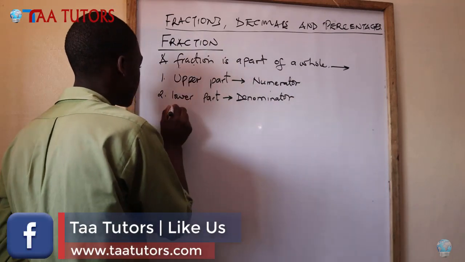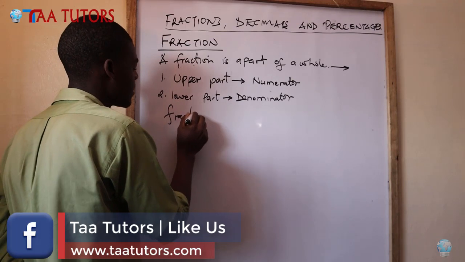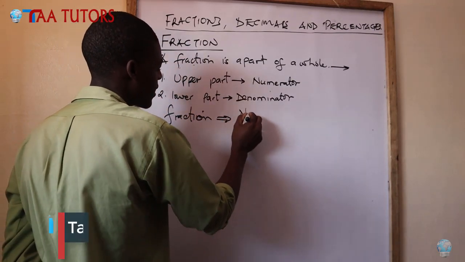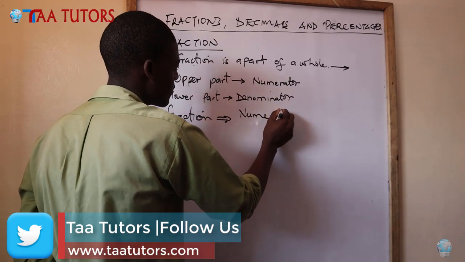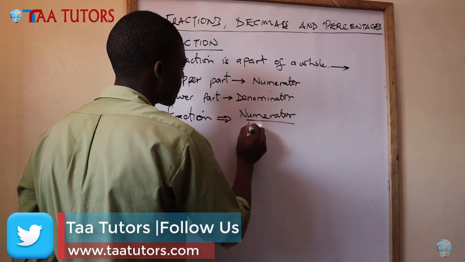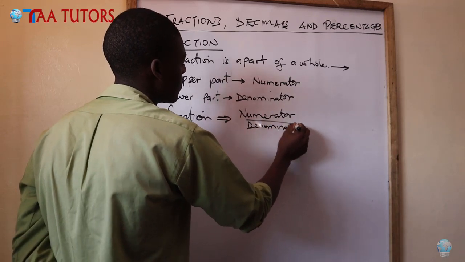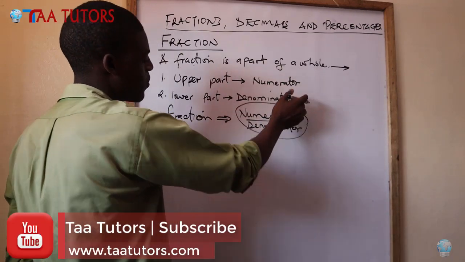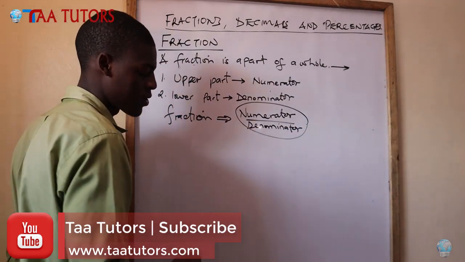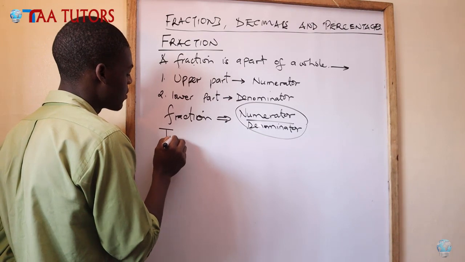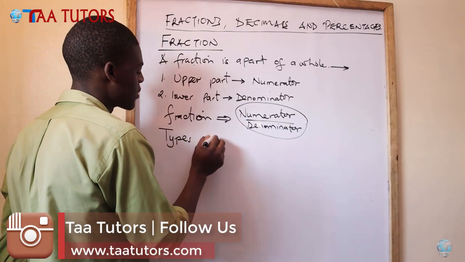So when I speak of a fraction, I will have numerator over denominator. That is now what a fraction is. But there are different types of fractions, so we will check on types of fraction.